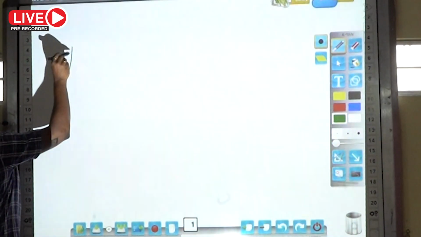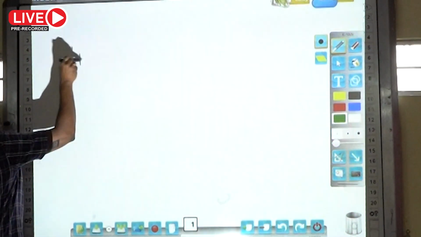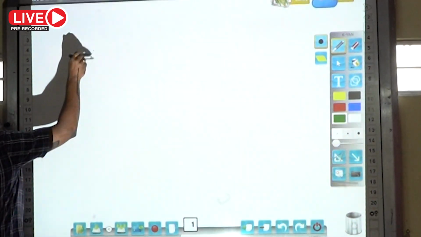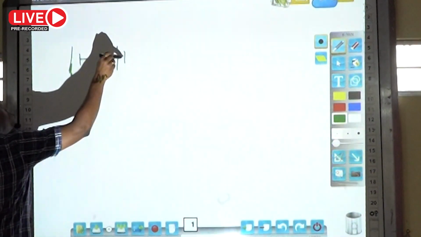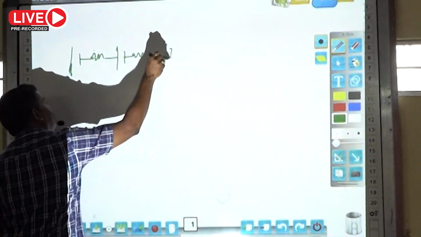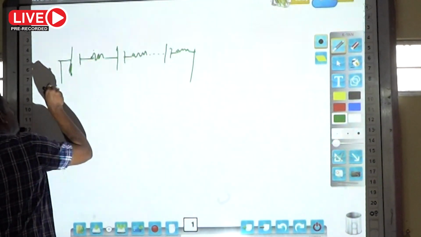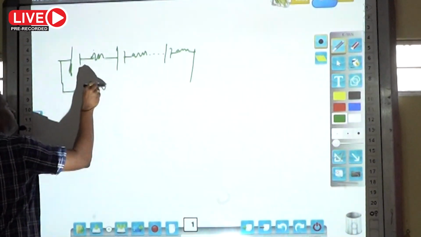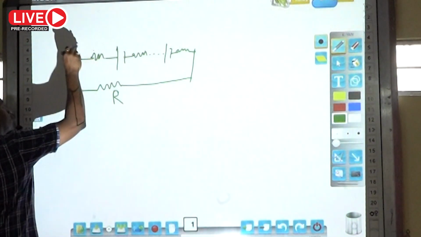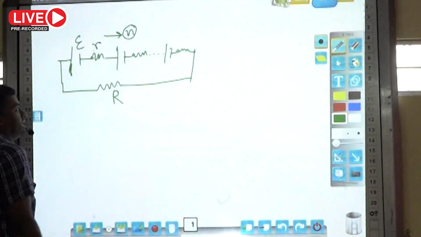Now let us consider some cells are there. N number of cells we consider. There are n number of cells in this line.